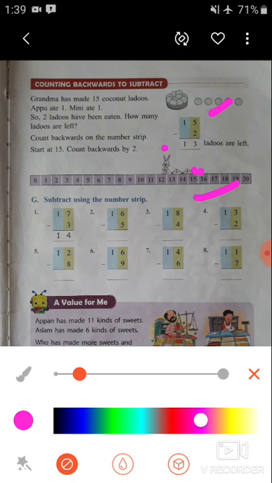Let's do this. 1 and 2. Now you reach number 13. So here the answer will be 13. You have to do this question by using the number strip like this.